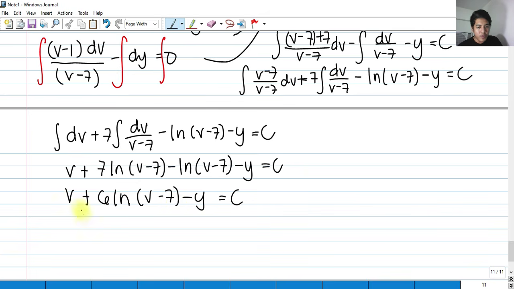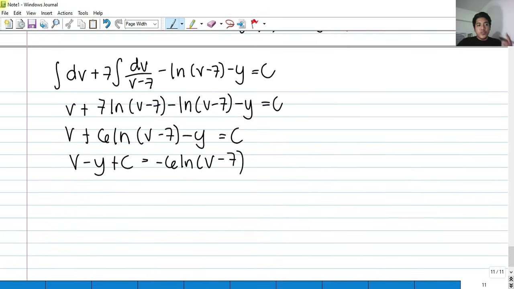So what will happen if I rearrange it? I can transpose this onto the right side of our equation, and transpose c on the left side. So we have v minus y. Transposing c on the left side would not affect its sign; a positive or negative constant is still a constant. It is equal to negative 6 ln of v minus 7.